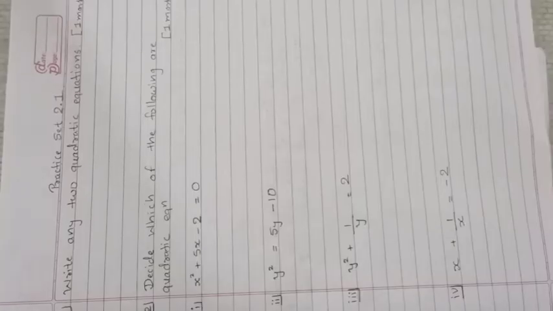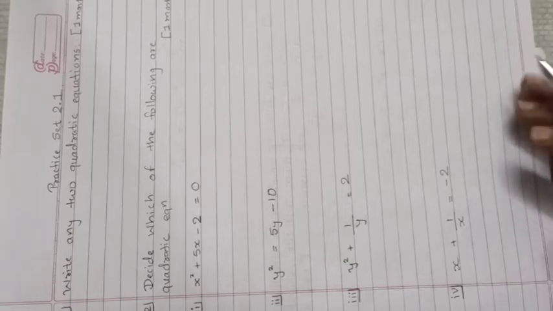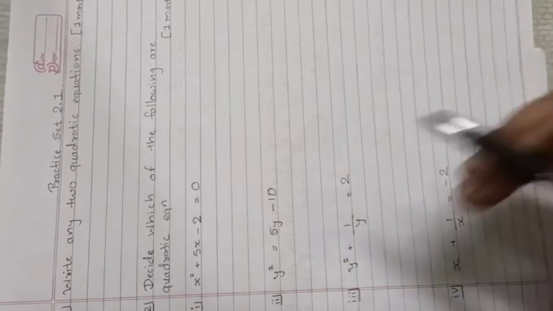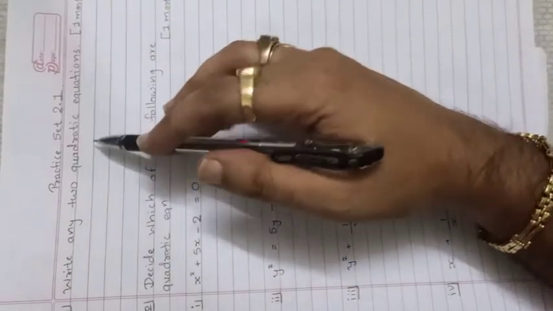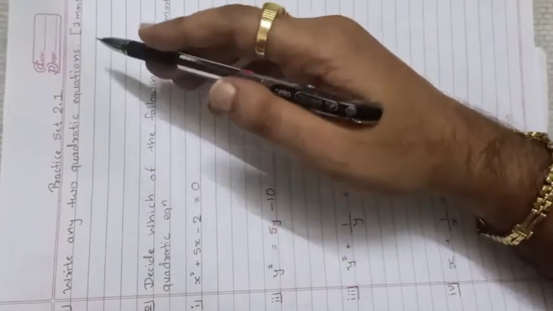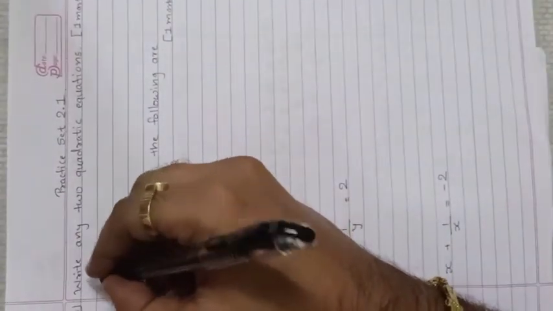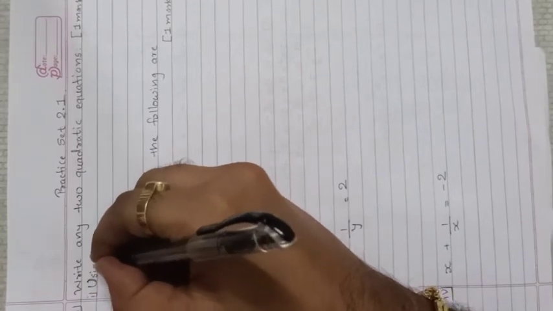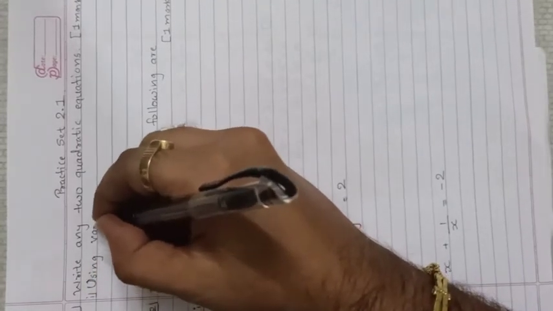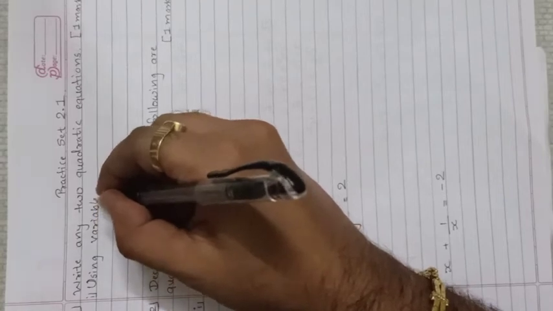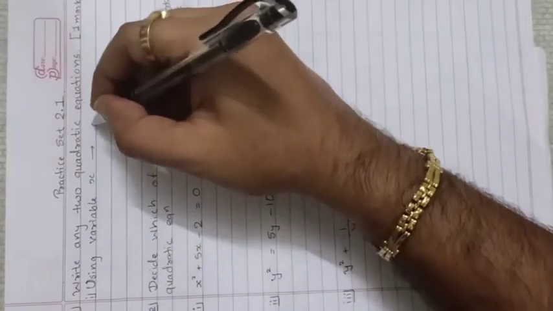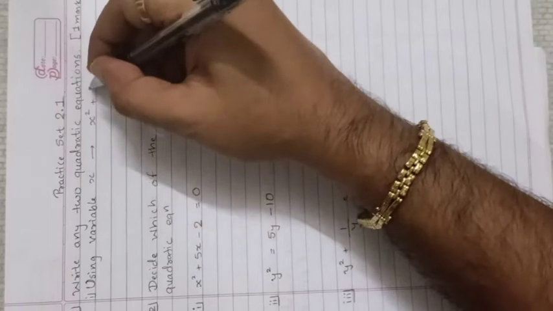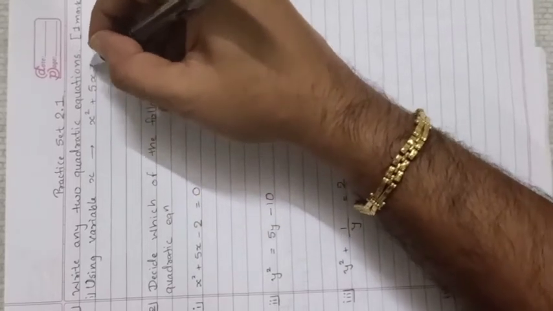Okay. Now practice set 2.1. Write any two quadratic equations. Any two. No other hint is given, like the variable. So first I will write using variable x. So x square plus 5x plus 3.